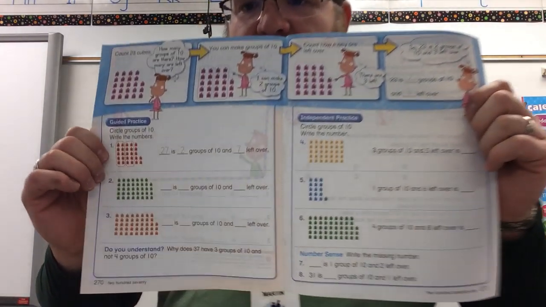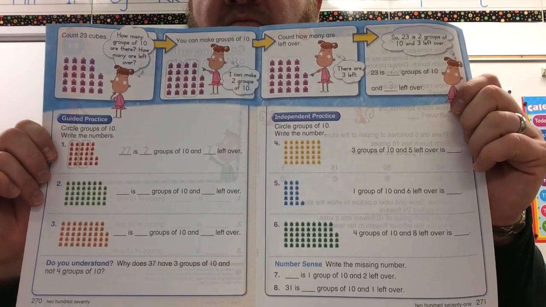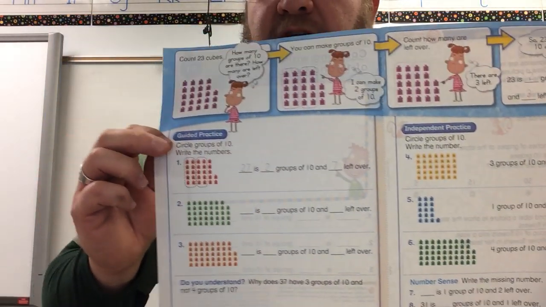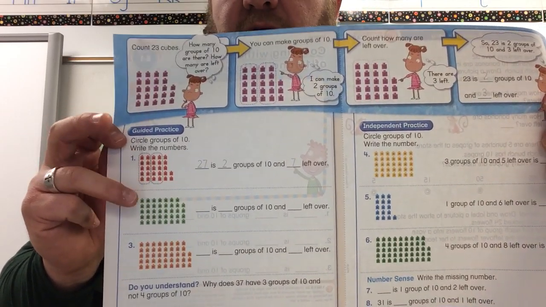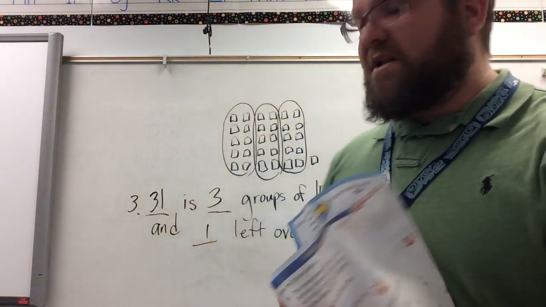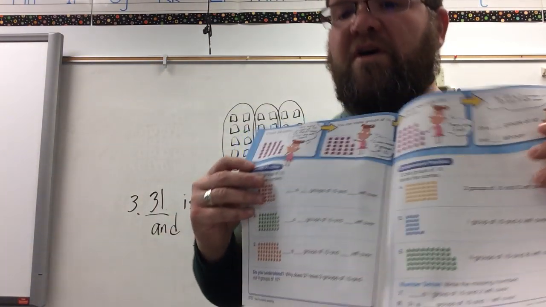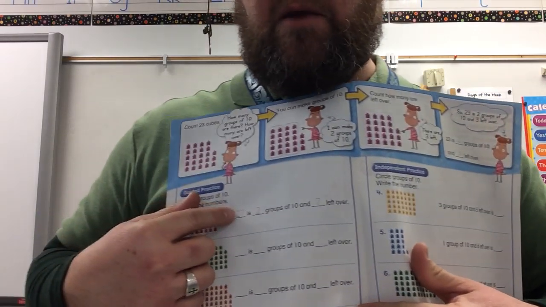So let's turn to the middle. Let's look on the inside of your paper. And this is very much more of the same of what we just did on the board. So here they give you examples. They want you to fill out exactly like we did here. They want you to fill in with the total number to begin with.